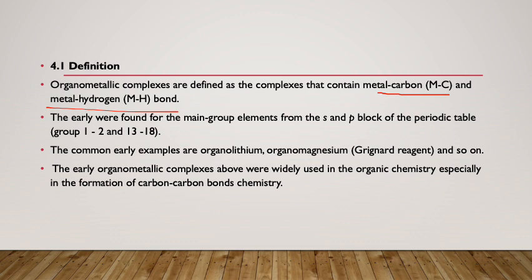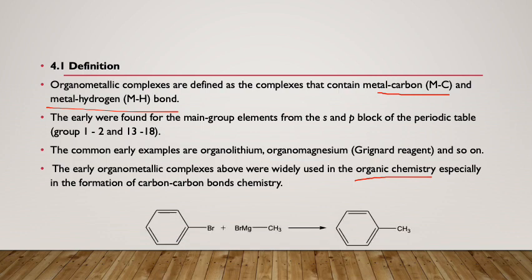The organometallic complexes from the main group elements are widely used in organic chemistry for the formation of carbon-carbon bonds. A common example is what we call the Grignard reagent. In the reaction between carbon and the halogens with Grignard reagent, we produce a carbon-carbon bond.